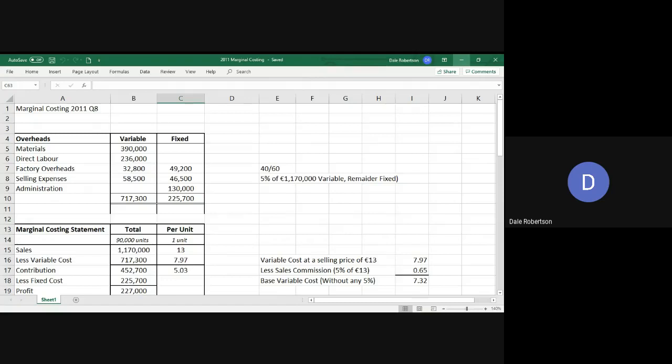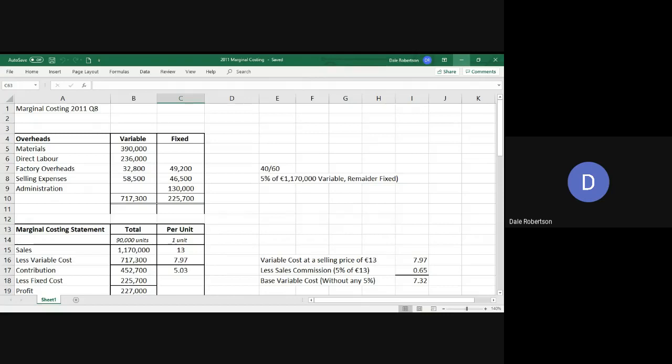Variable overheads could be examples like materials, labor or perhaps electricity, whereas fixed overheads might be something like rent or insurance, which even if you don't produce anything, you still have to pay.